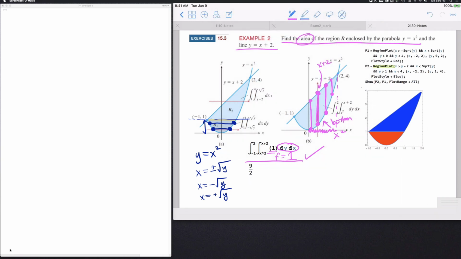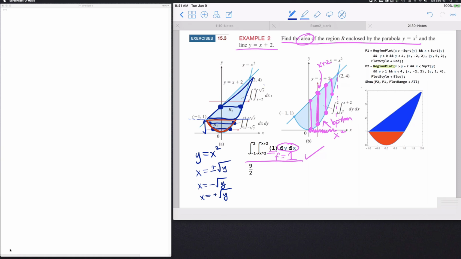But after that point, you have this region here shown in red. Then there is another region, region 2, where the line is on the left and the parabola is on the right.